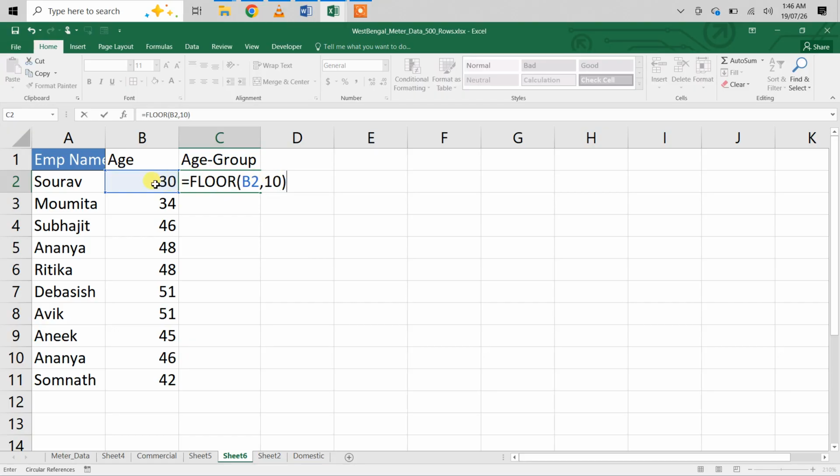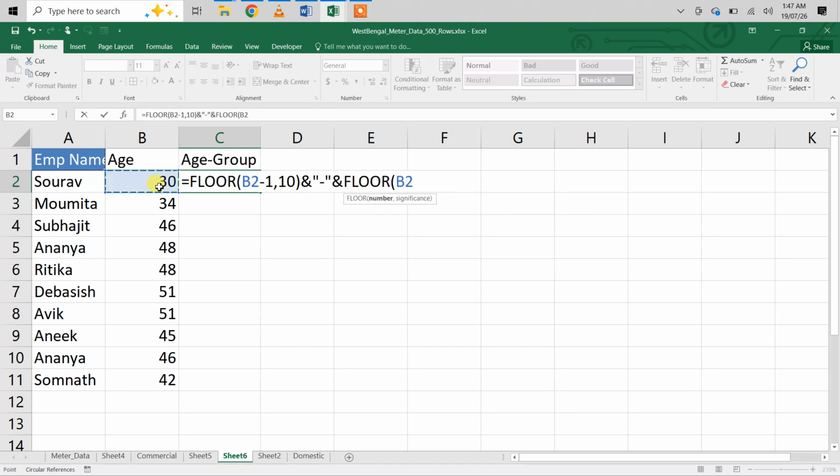That means the value would be 30, but we'll be subtracting 1 from it, so 30 minus 1 means 29, and the lowest multiple of 10 would be 20. Then it will be concatenating with "-" within quotation marks, then again an ampersand and FLOOR.